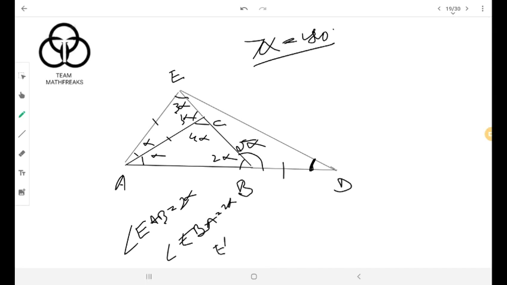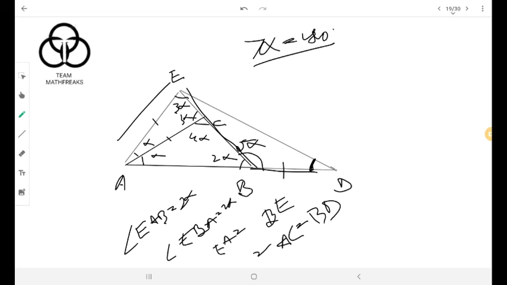Then what we are having? EA equals BE equals AC, and AC equals BD. Therefore, this is also an isosceles triangle. This angle is alpha. There is no confusion.